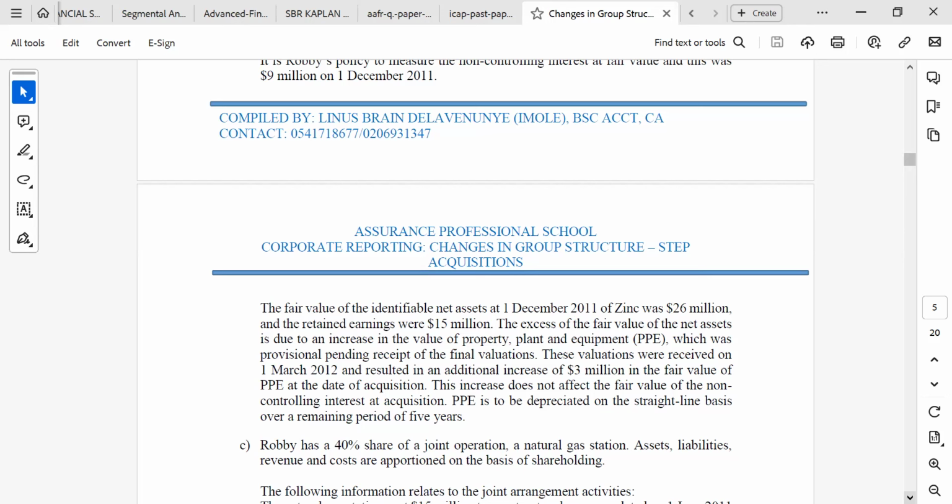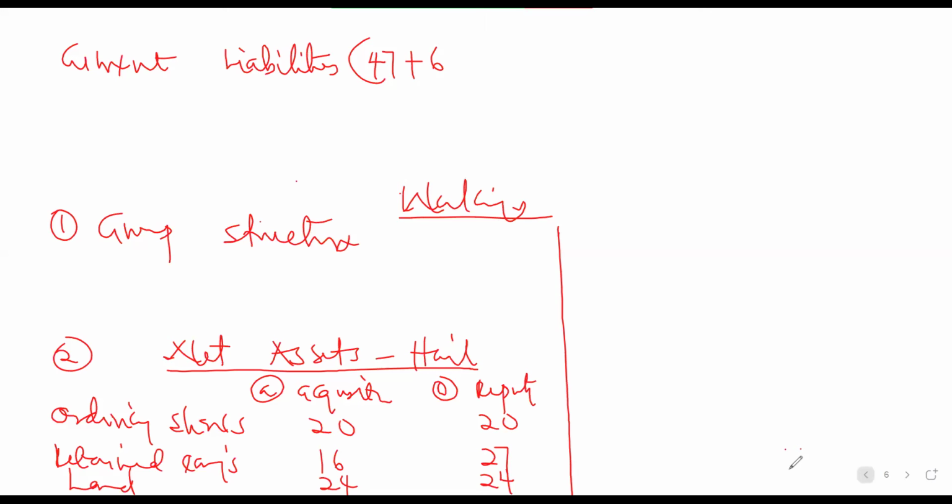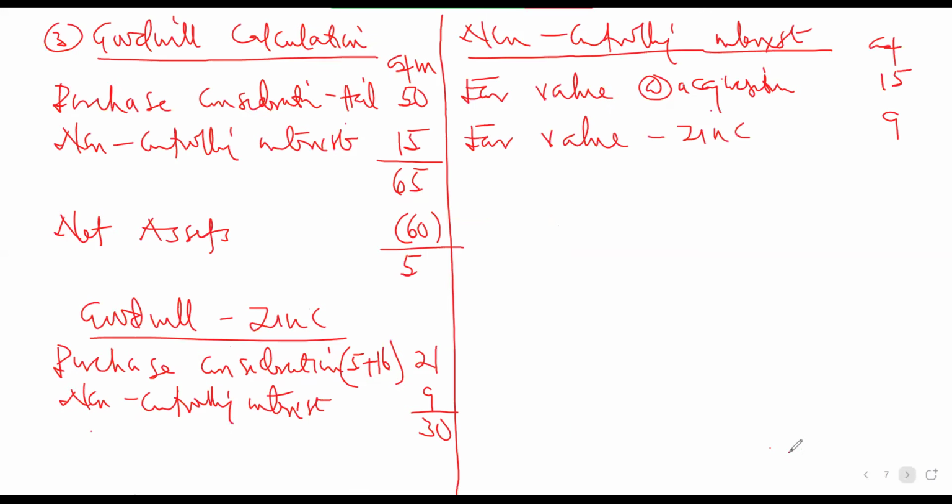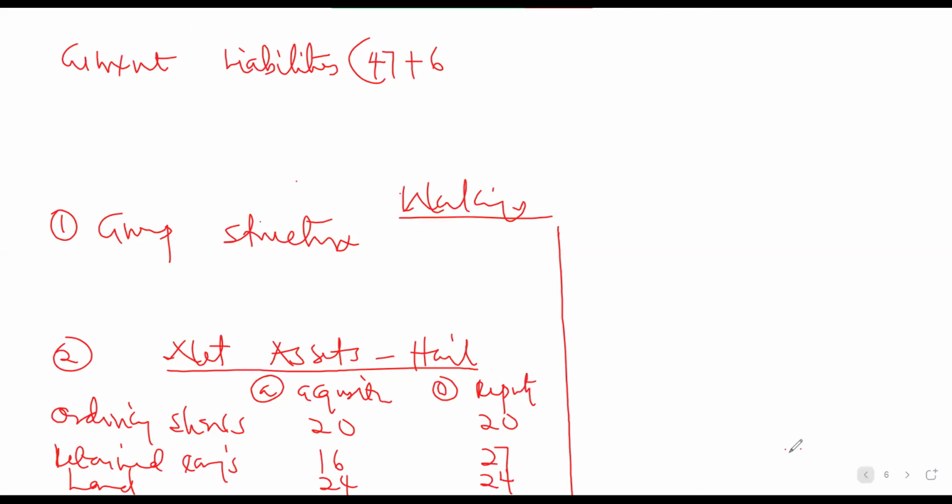So let's do the net assets for the other companies too. Let's count their net assets, starting with the net assets for Zinc. We have at acquisition and at reporting.